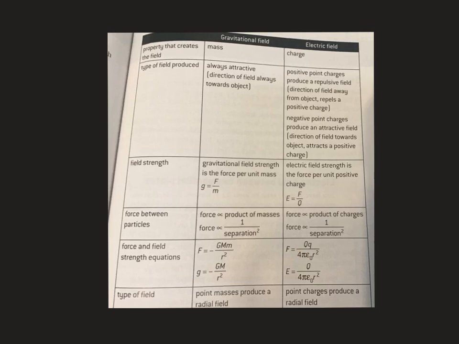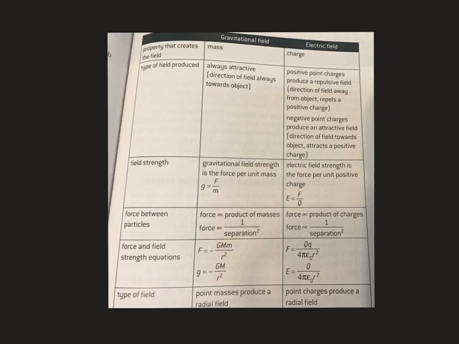And then in terms of field strength, gravitational field strength is equal to our constant multiplied by the mass of the point mass over r squared. And in our electric field, it's equal to our constant multiplied by the charge of the point charge over r squared. So some real similarities in those equations, and hopefully you're seeing those relationships more clearly.